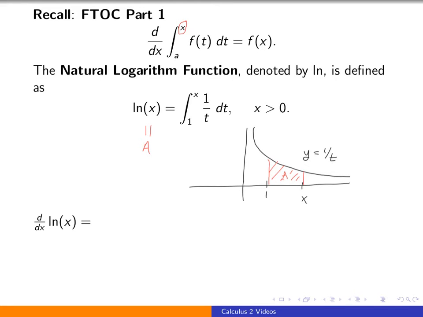You take that x, which is our upper limit of integration, you plug it in for t. So looking at how the natural log is defined, if we want it to differentiate, we would take this x, plug it in for t. So with this in mind, the derivative of the natural log of x by the fundamental theorem of calculus is simply 1 over x.